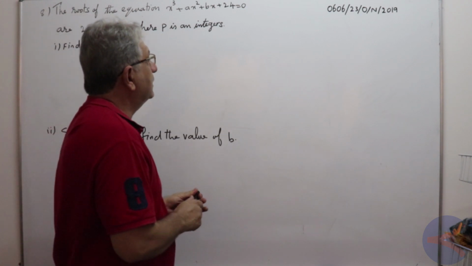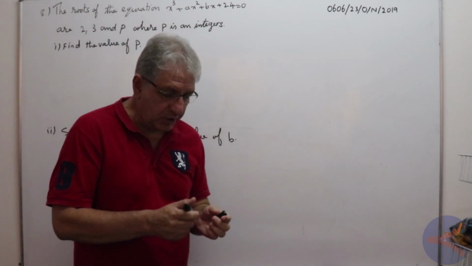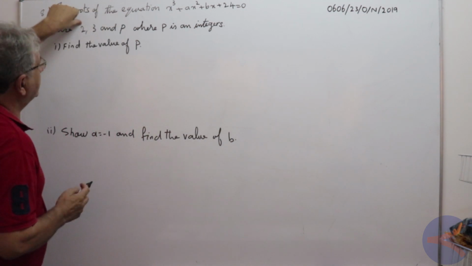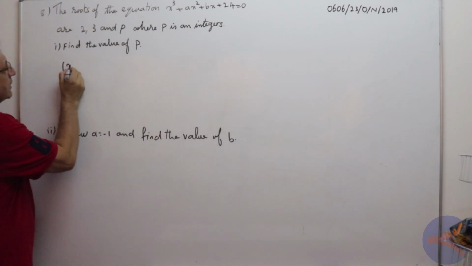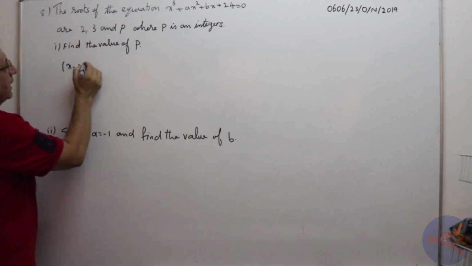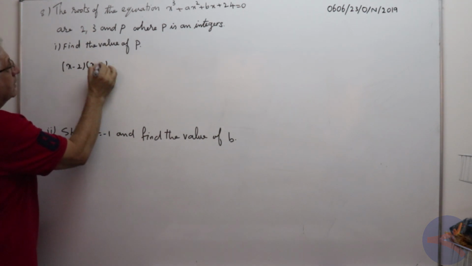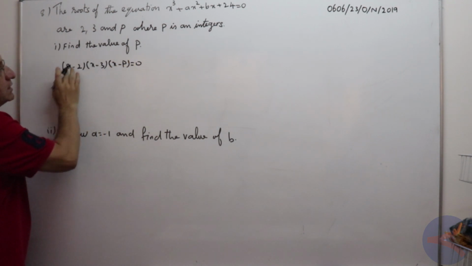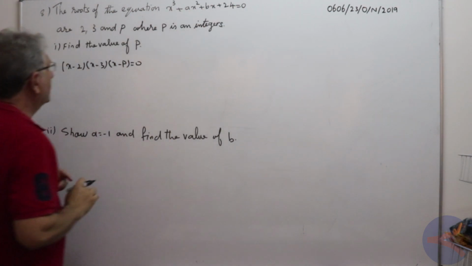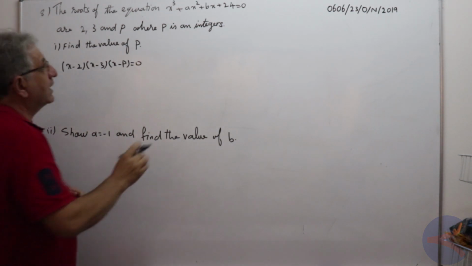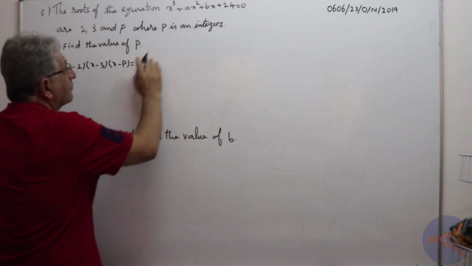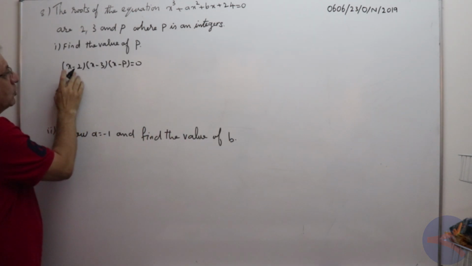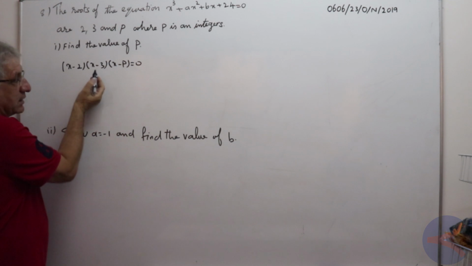We know that if we have an equation and the roots are these, then you can factorize it as (x - 2)(x - 3)(x - p) = 0. If I expand this, I have to get the given equation. Now, to find p, I need to expand only the numbers, no x.